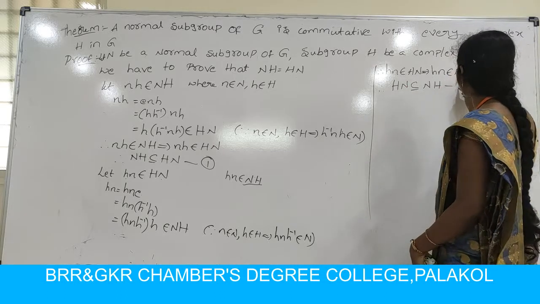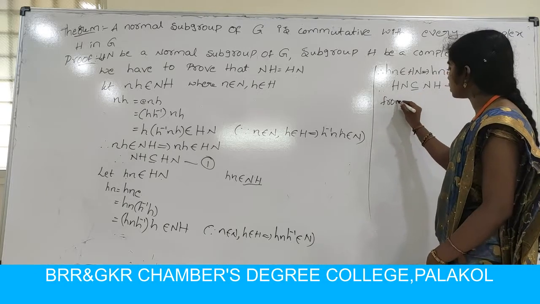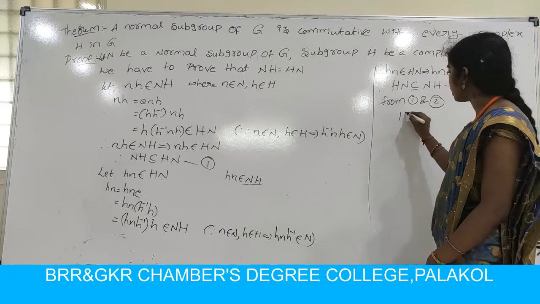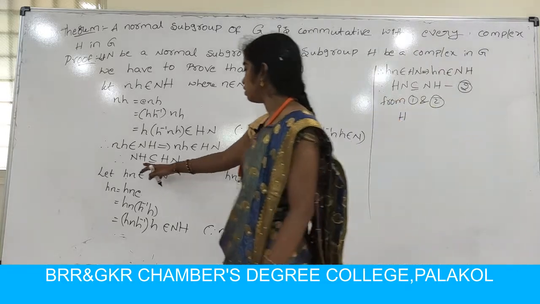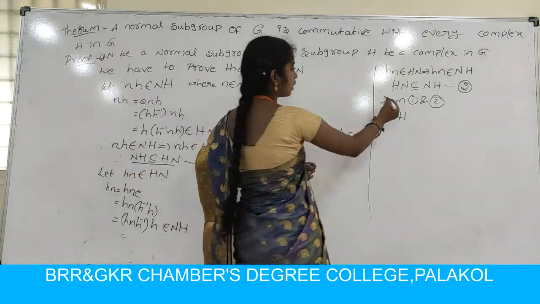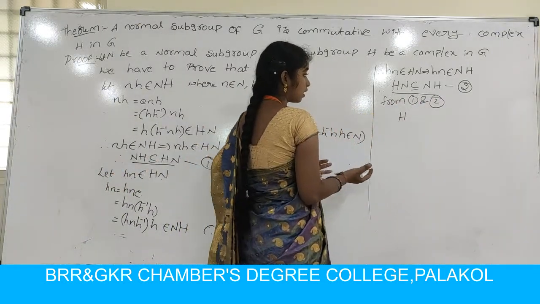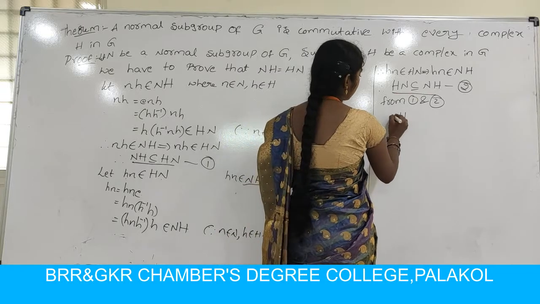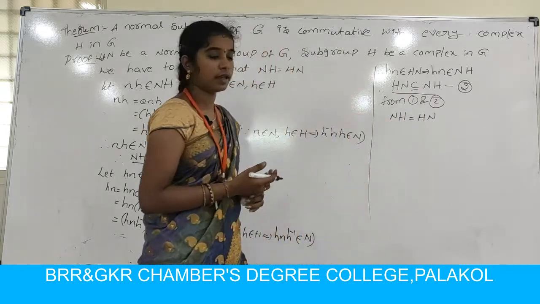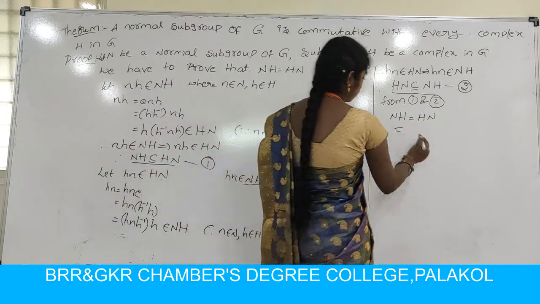So this is 2. From 1 and 2 we observe that NH contains HN and HN contains NH. So that means NH is equal to HN, or HN is equal to NH. So next theorem.